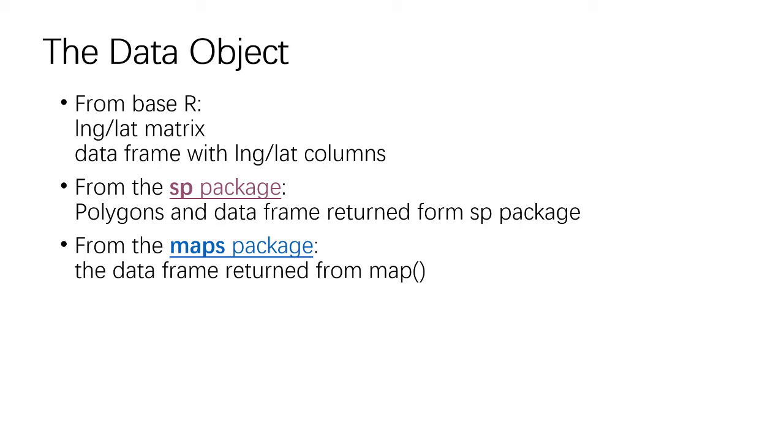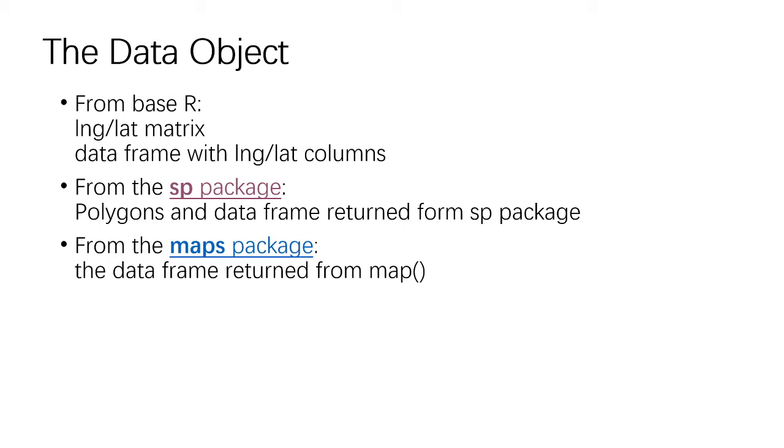The function of Leaflet has an optional data parameter that is designed to receive spatial data in several forms, and that includes the longitude-latitude matrix and the data frame with longitude and latitude columns, which we can get from basic R. It can also receive spatial data from other packages like the sp package and the maps package, which means you can use a map built from those packages and add some features from the Leaflet package to make your map interactive.